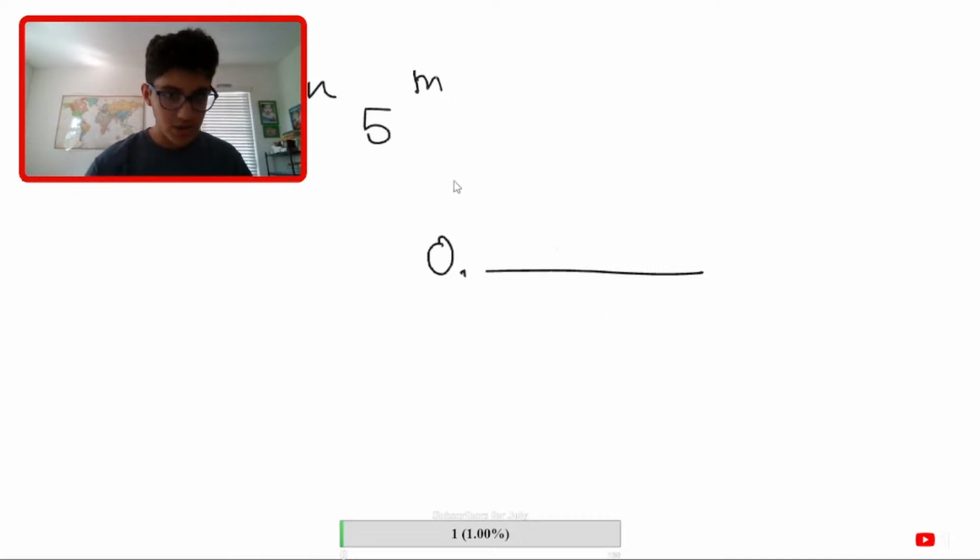Basically it's 2 to some power n and 5 to some power m, but we want to maximize the number, right? So we want to make this as big as we can. So we want to take the maximum of this, where it's 2 to the negative n and 5 to the negative m, multiplied together.